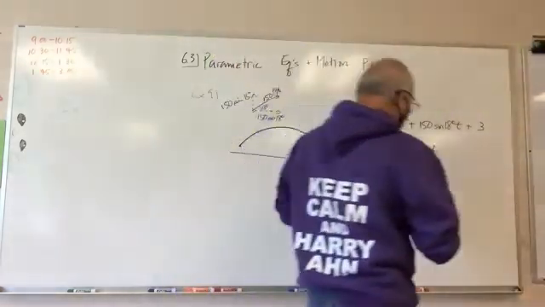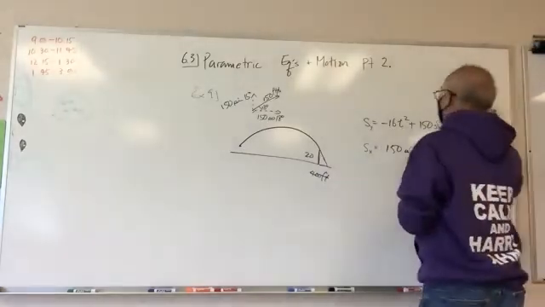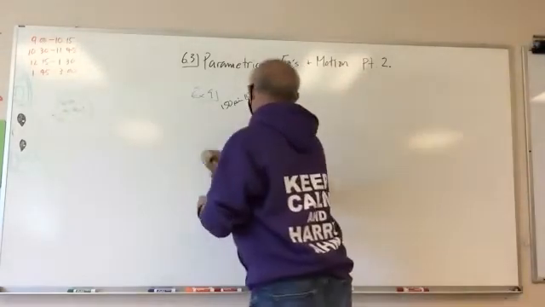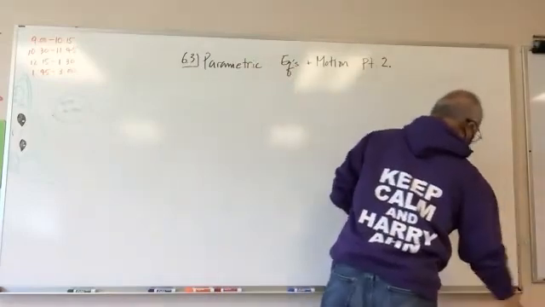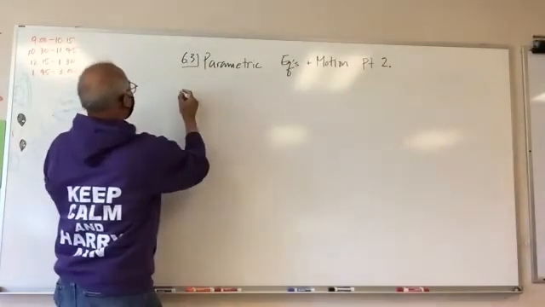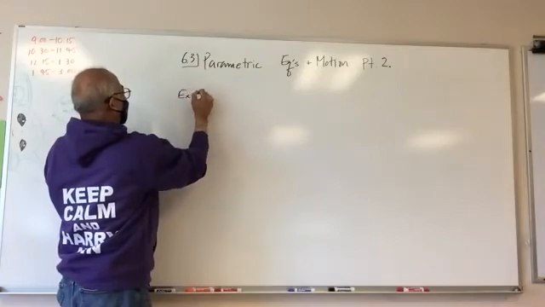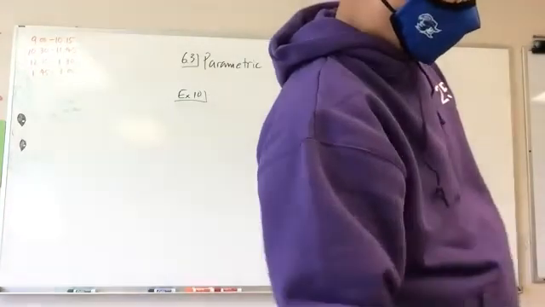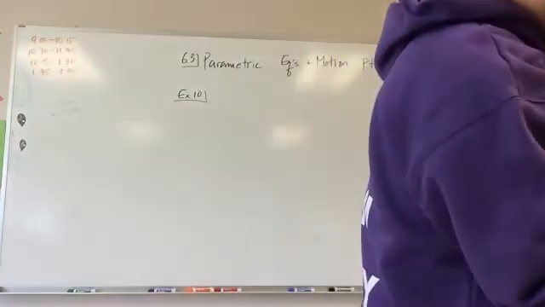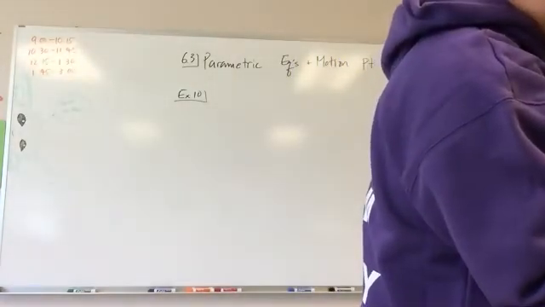Okay, example number 10. We have a Ferris wheel. JD's riding on a Ferris wheel with a radius of 30 feet.